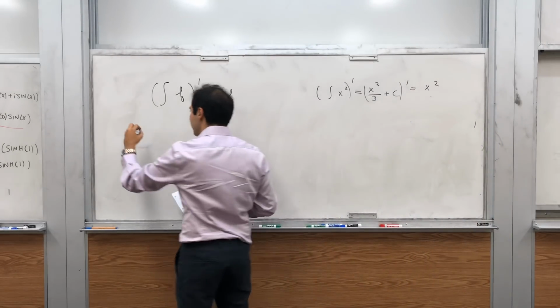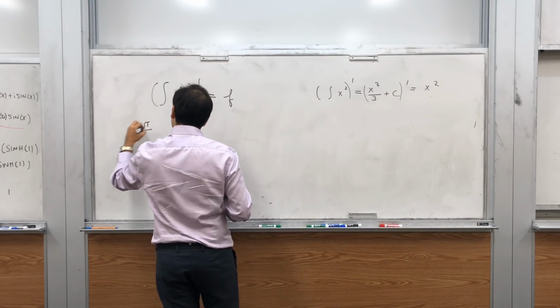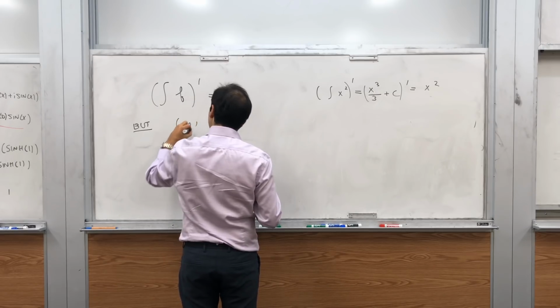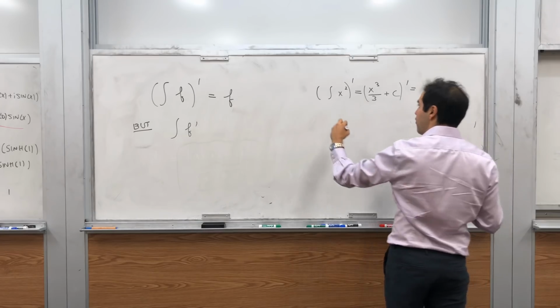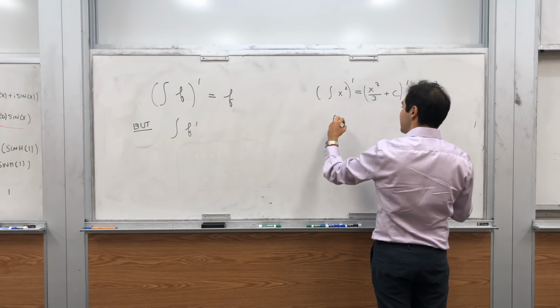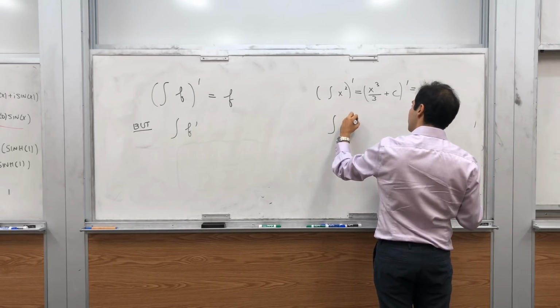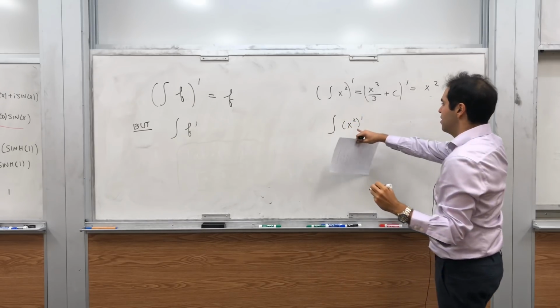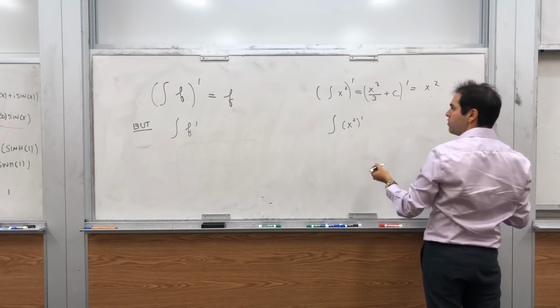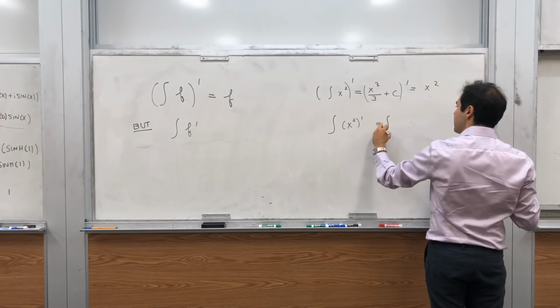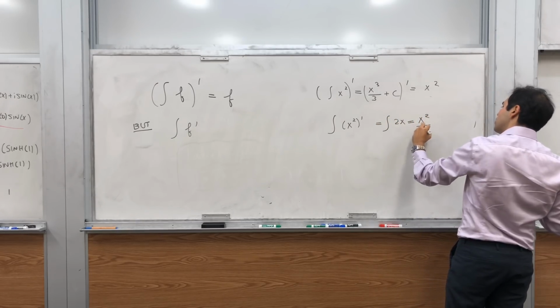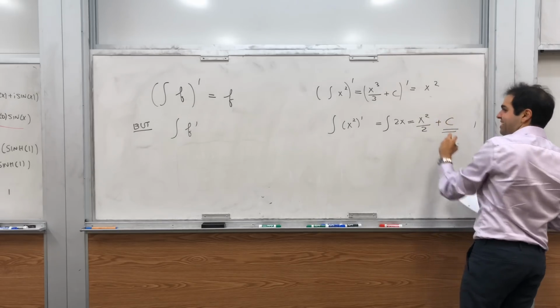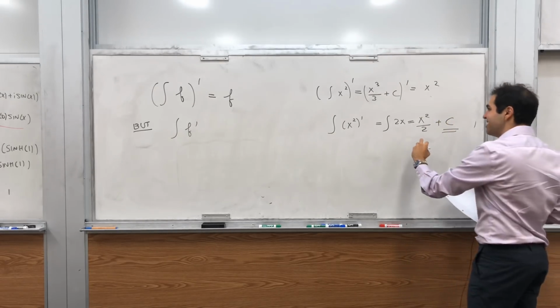But what if you do the opposite? What if you do the integral of the derivative? Do you get your function back? Well, let's see. If you take the integral of the derivative of x squared, you get the integral of 2x, and you get x squared over 2 plus a constant, which is not the same.